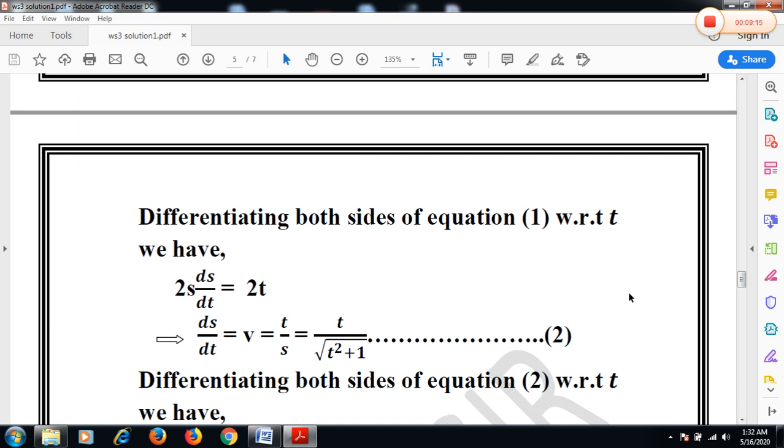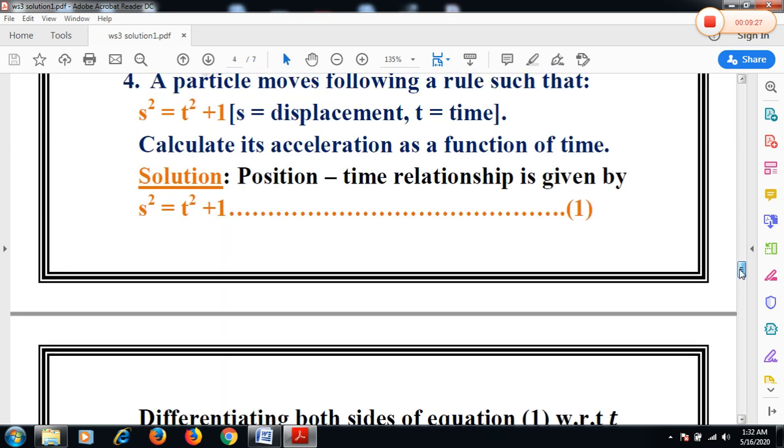So we are having ds dt equals to v equals to t by s, which equals to t by root over t square plus 1, which we have numbered as equation 2. Since s square equals to t square plus 1 as per given expression, so we can say that s equals to root over t square plus 1, discarding the negative part.